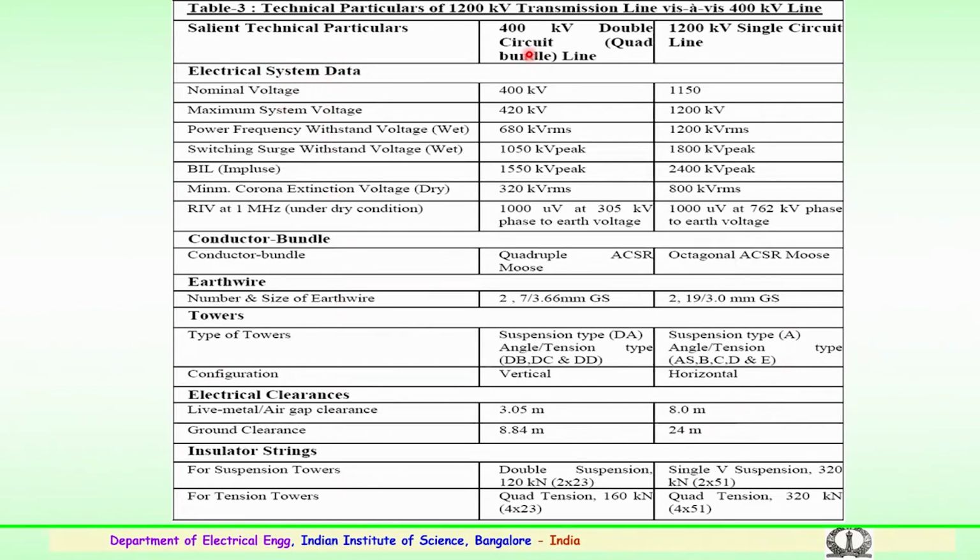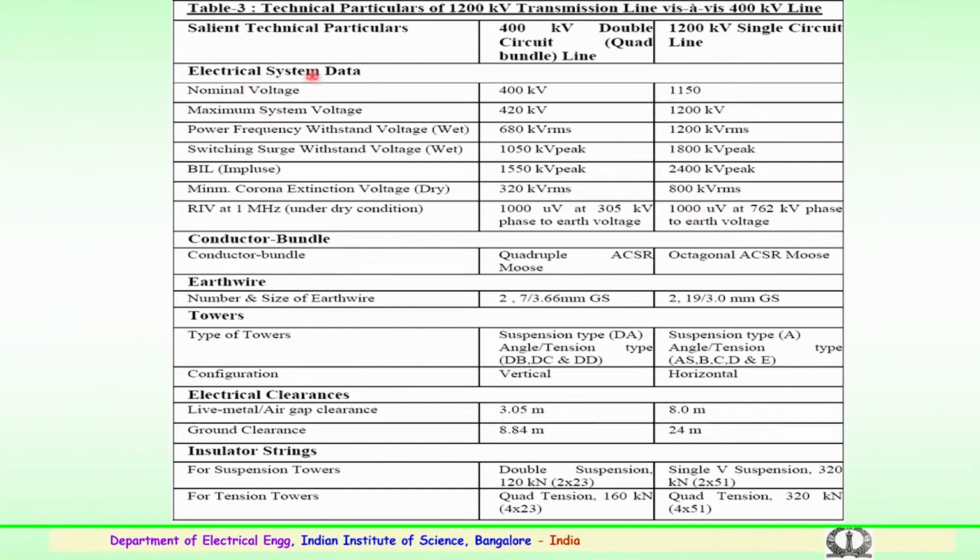This column gives the details of the technical aspects for a 400 kV double circuit 4 bundle conductor, that is a quadruple bundle transmission line, and the final column gives the details of the technical aspects for the 1200 kV single circuit line. A comparison could be made and the advantages could be summarized.